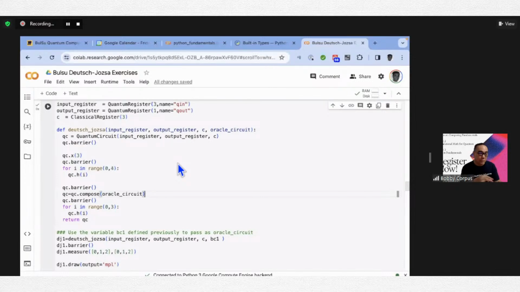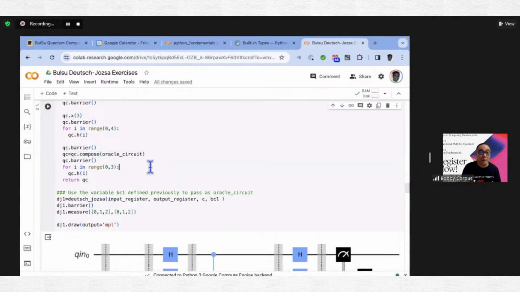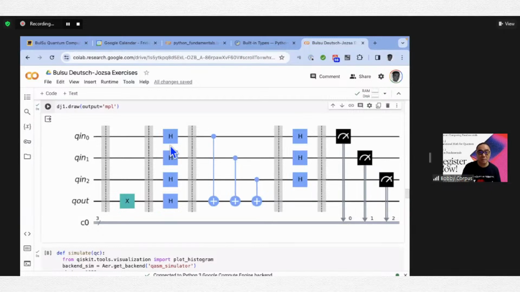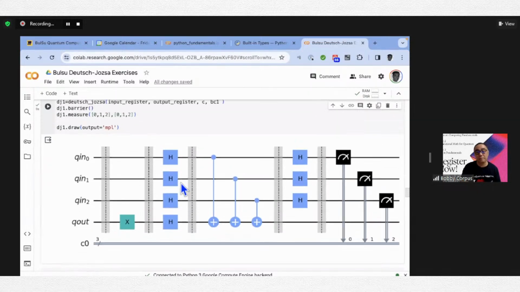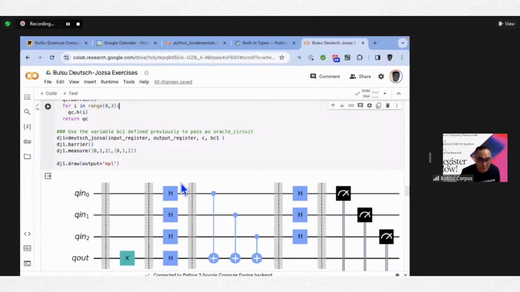Kaya itong mga programming na to, usually when you're taking or learning about quantum computing, no? Nasa huli na tong mga to eh. Okay, nasa huli na to kasi napakasimple lang talaga. So, ang mahirap is paano mo maintindihan yan, no? Daming Hadamards, no? Okay, may mga control gates ka pa dito. Yan. Okay, so that's it, no?